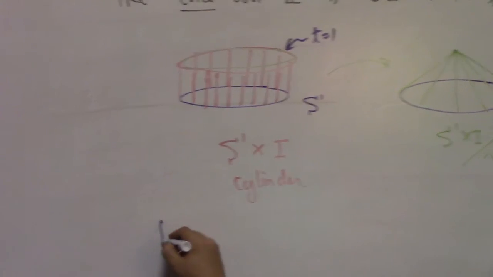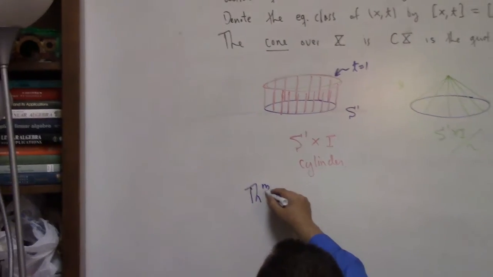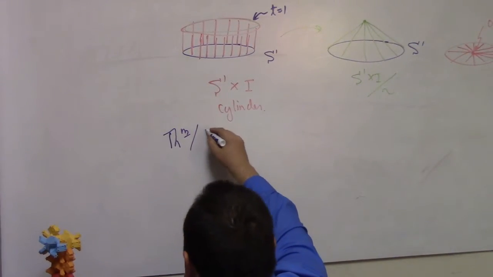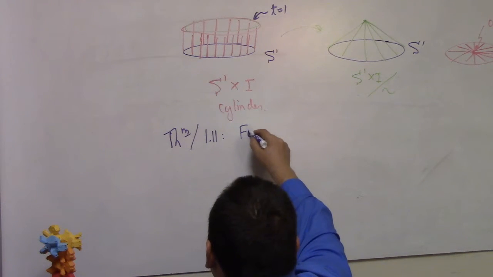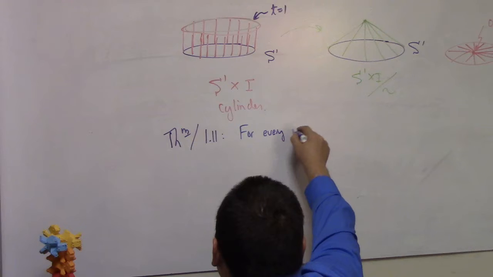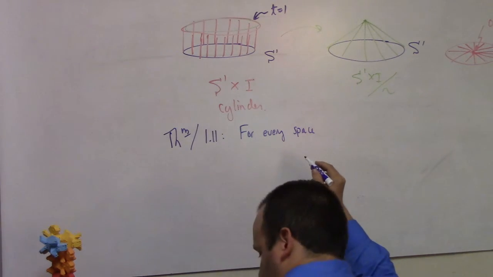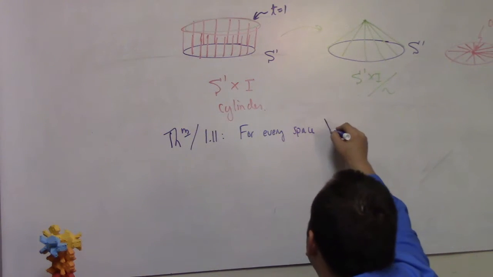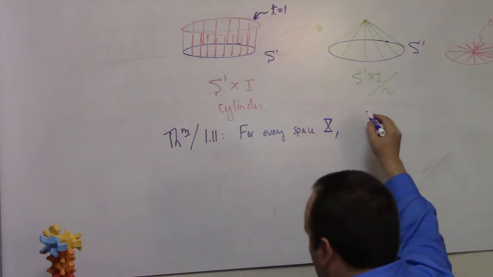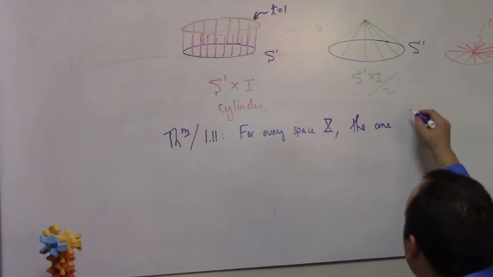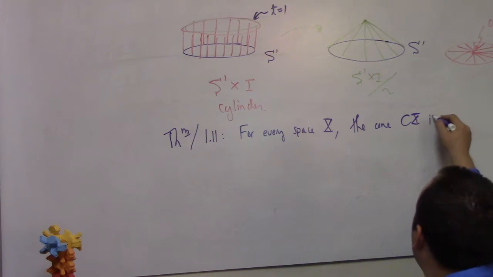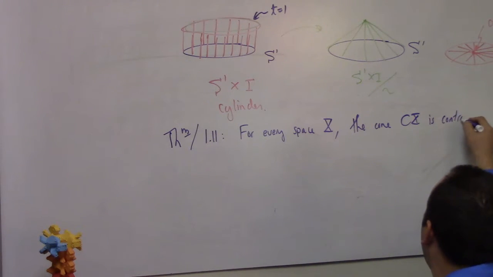Theorem 1.11: for every space X, the cone CX is contractible.